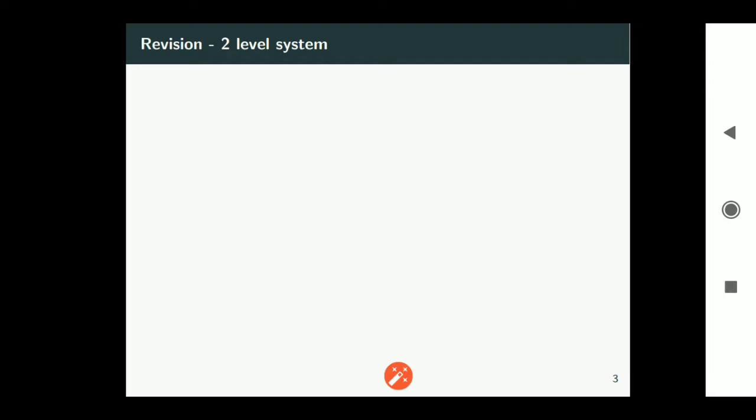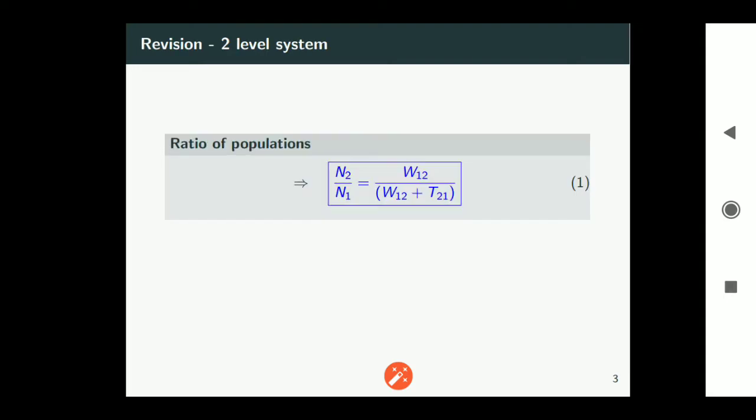If you write the rate equations and solve, you get this expression for the ratio of populations in the two levels: N2 by N1 equals W12 divided by W12 plus W21. Note that the RHS of equation 1 contains a numerator and a denominator.